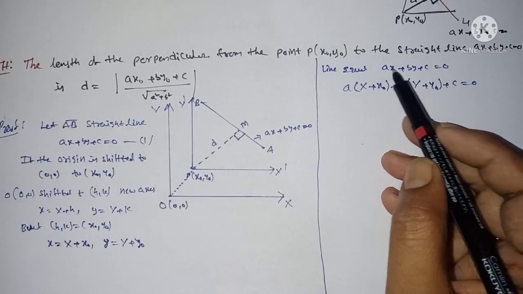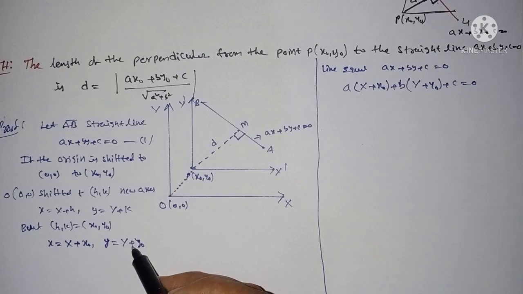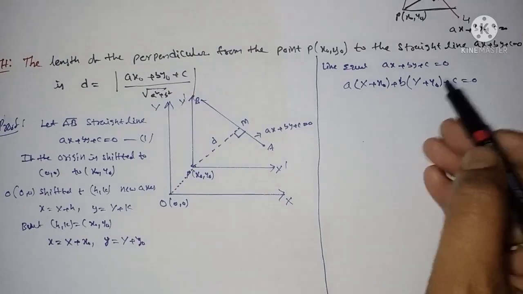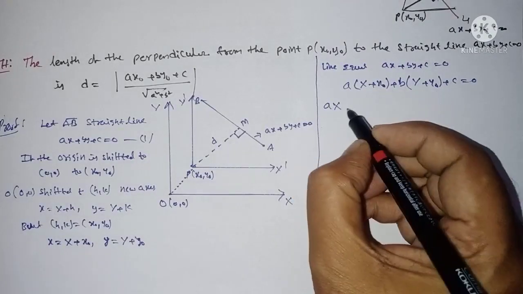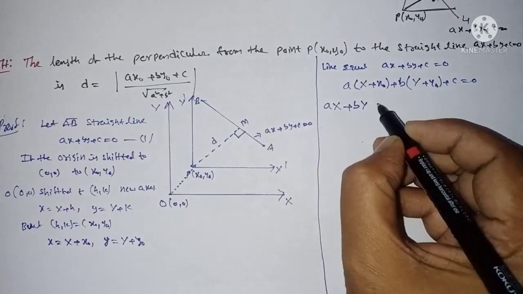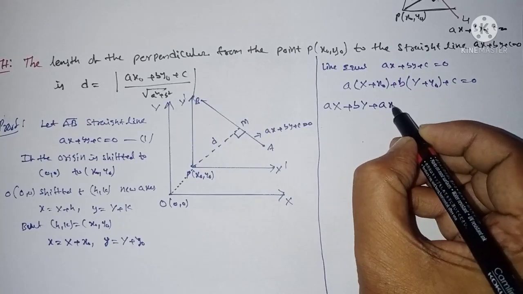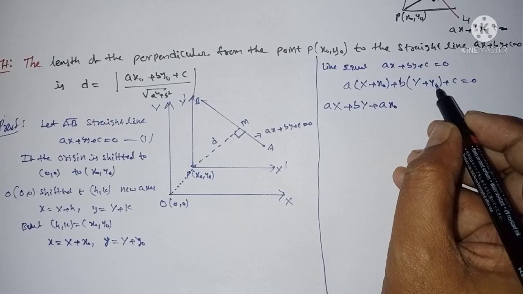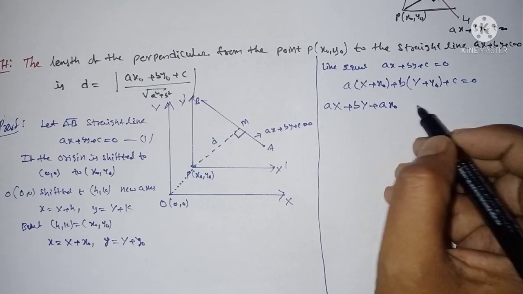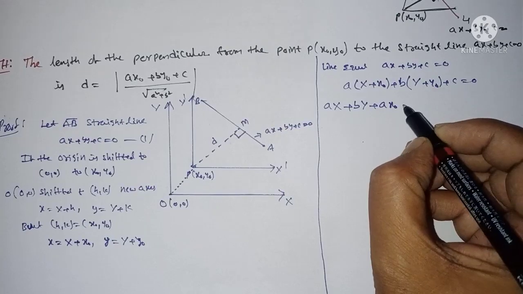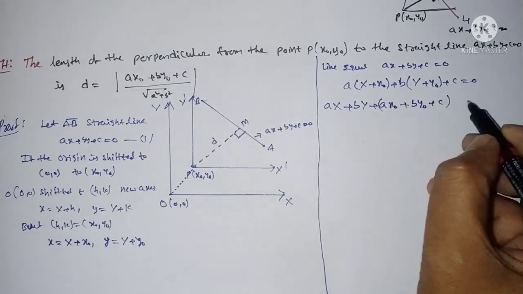I am replacing x comma y with X plus x naught and Y plus y naught. Here a x naught plus b y naught plus c are all constant terms, because x naught and y naught are points and a, b are real numbers. Therefore they total a constant: aX plus bY plus a x naught plus b y naught plus c is equal to 0.